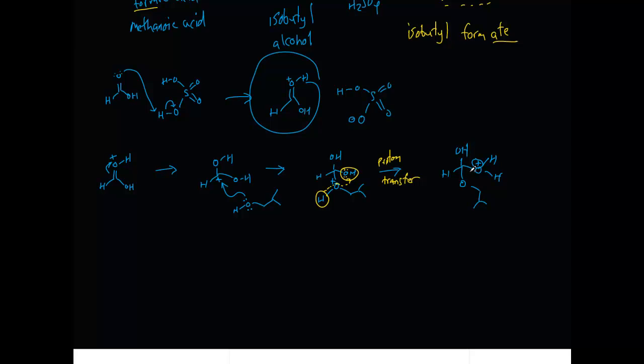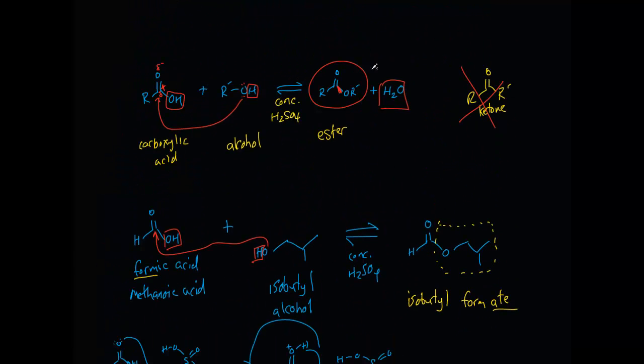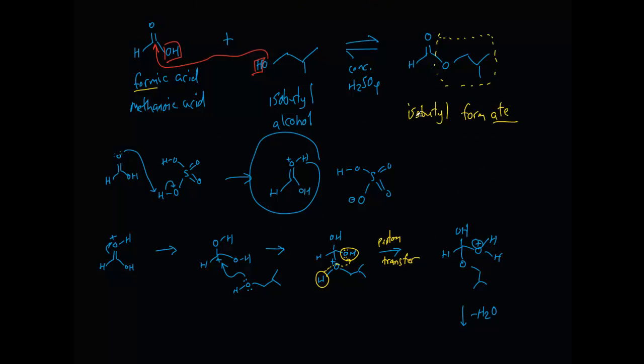All right. Since water is a good leaving group, and you have H2O after the proton transfer, water's going to leave. So you have minus H2O. And remember this from the beginning? From that very simple reaction, we had water as one of the products. Well, that's where it comes from.